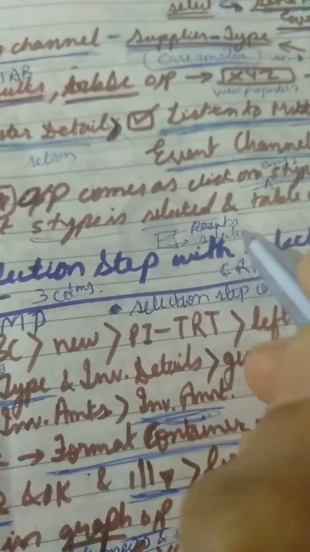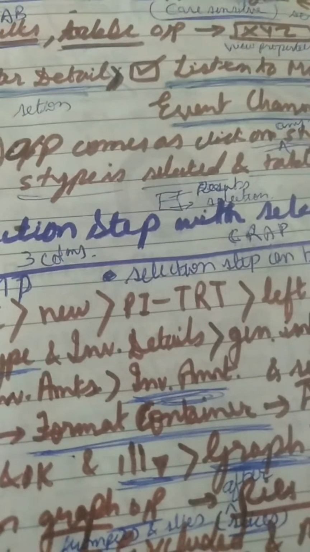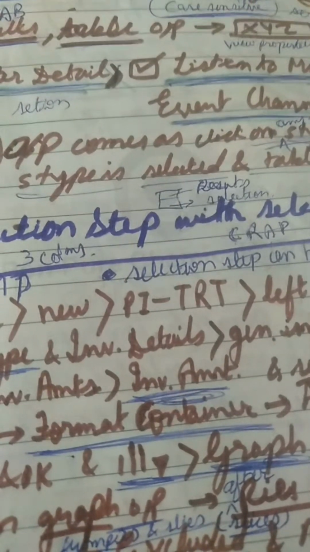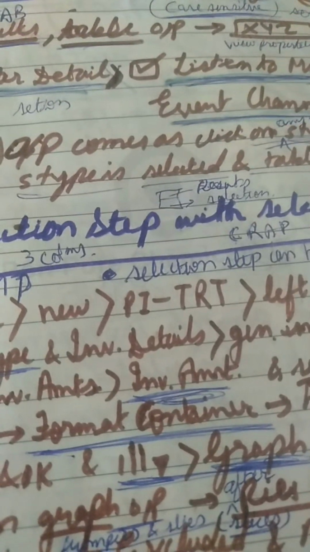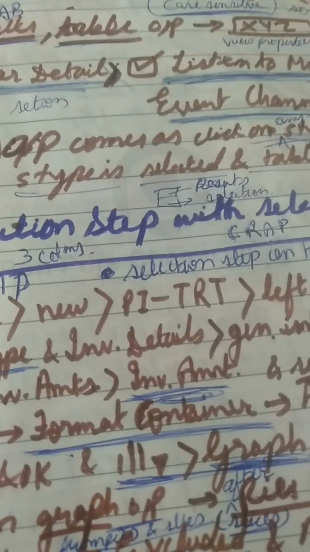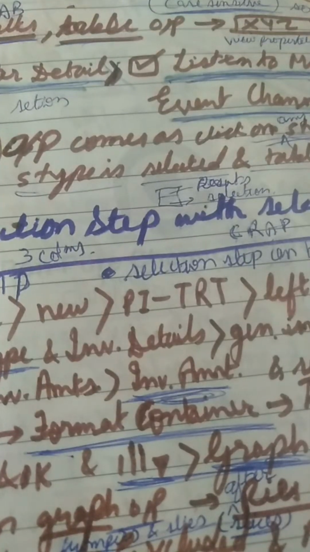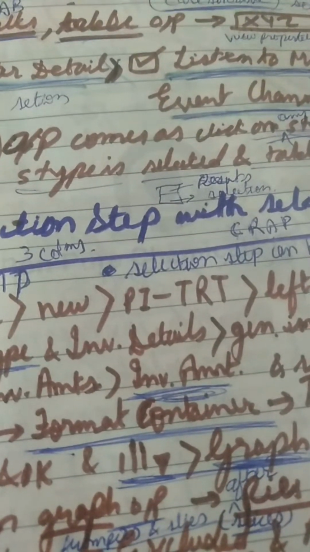So the selection steps are nothing but whichever steps are taken one after another to achieve a particular result. Let's say if I have created a table, then I have taken any calculated column, or I have grouped the data, or made any changes by applying a condition, or making a calculated column, or changing its appearance.